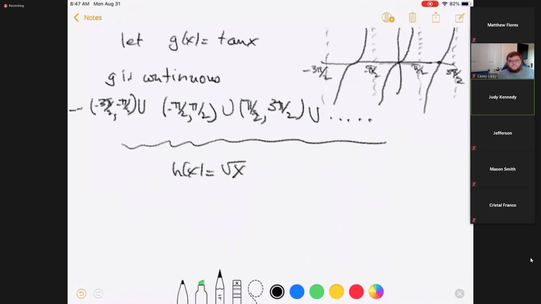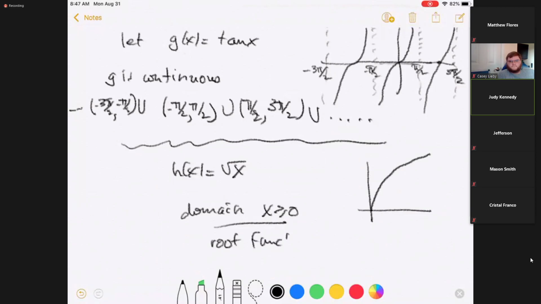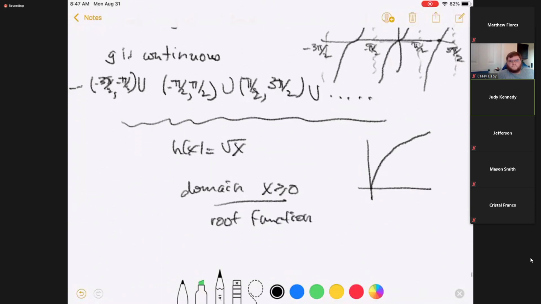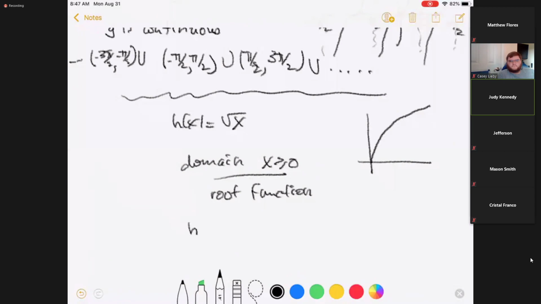h of x is the square root of x. Let's graph that. It looks something like that. The domain is x greater than or equal to 0. This is a root function, so it's continuous on its domain, and that would be 0 to infinity.